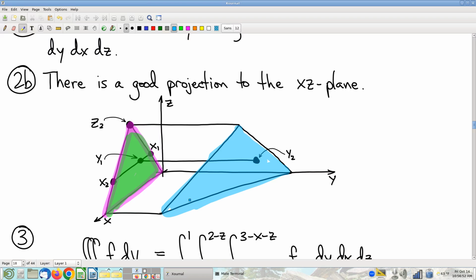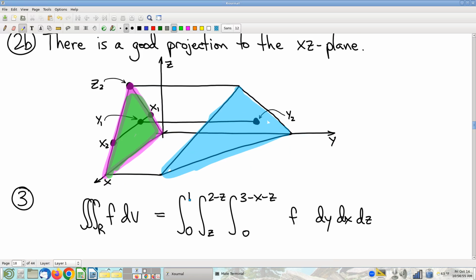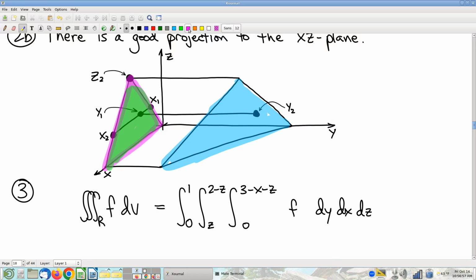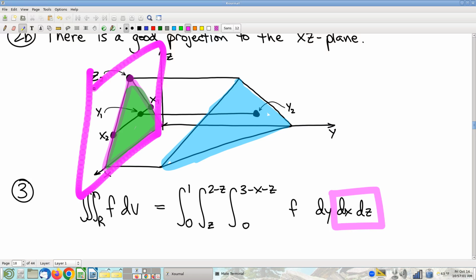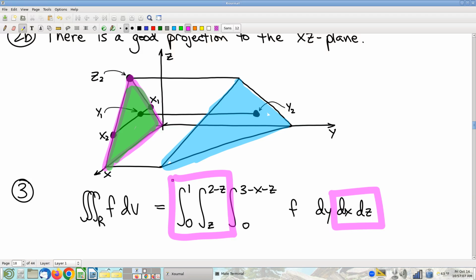That's a good projection. And if you just take this projection point of view, XZ on the outside, because we're projecting into the XZ plane, we can just take that green triangle and slice it up in two-dimensional analysis, right? You could in fact draw this triangle on the XZ plane, a two-dimensional picture, literally.